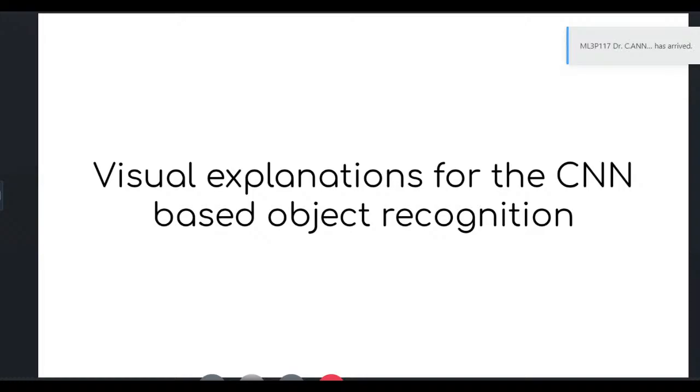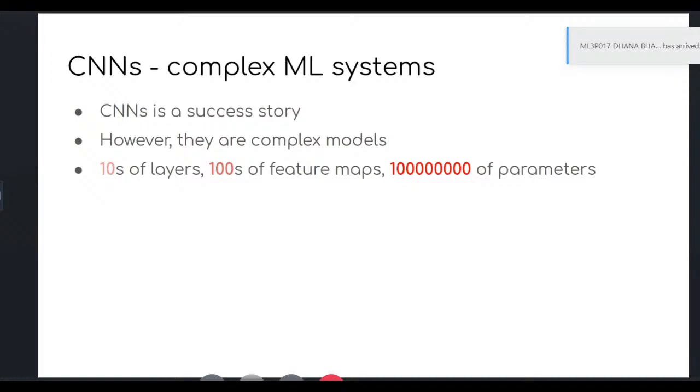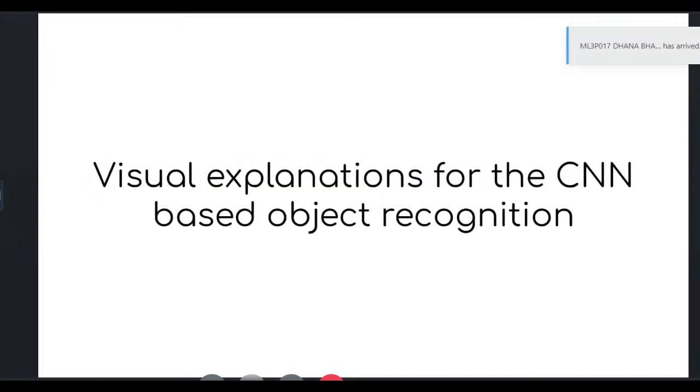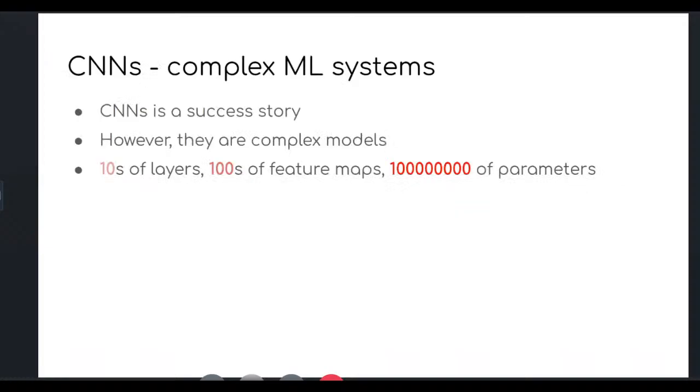Now we'll try to see some applications in computer vision, some explanations in computer vision. I hope you understand computer vision. Basically, not the entire computer vision, only object recognition. What object recognition means is, let me just show it to you. There will be a classifier.